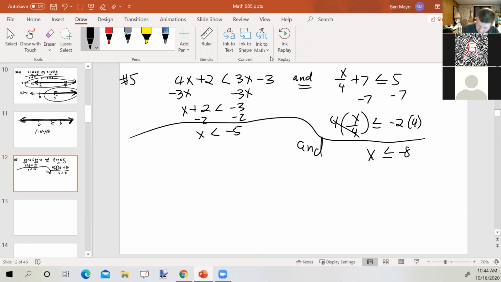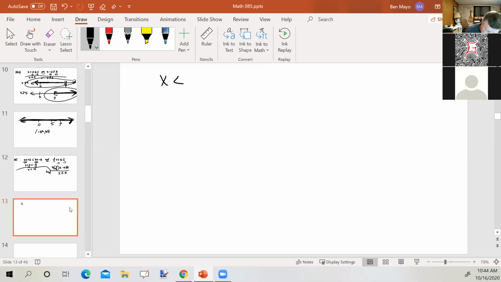Okay? All right. So I think I'm going to copy that on the next page just to make sure I've got plenty of room. x is less than negative 5 and x is less than or equal to negative 8.